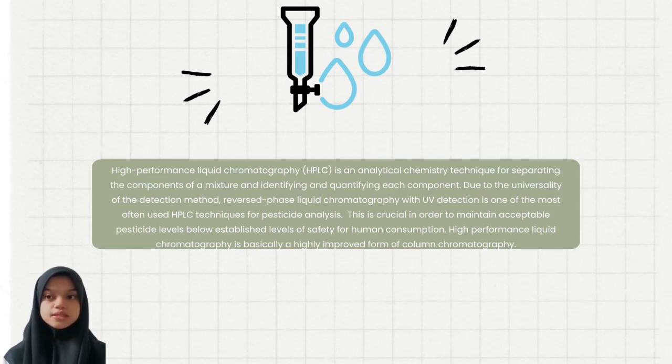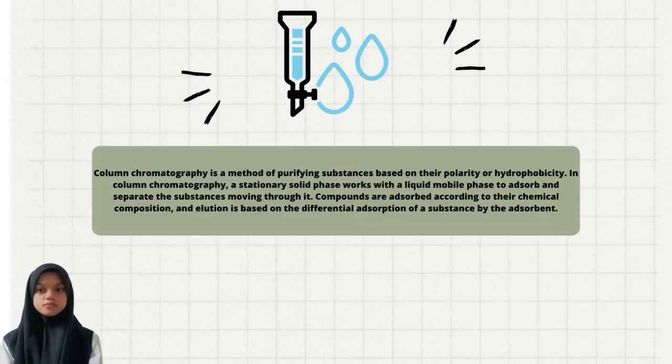It is crucial to maintain acceptable pesticide levels below the established level of safety for human consumption. HPLC is basically a highly improved form of column chromatography.